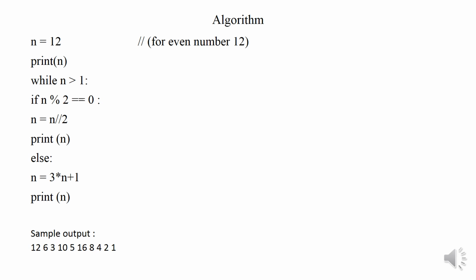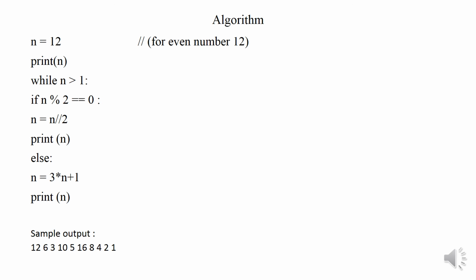So print n. First of all, we print the first number 12. N is greater than 1. Yes. So that number is an even number. We find the modulus. If the remainder is 0, then we divide that number by 2 and print that number.